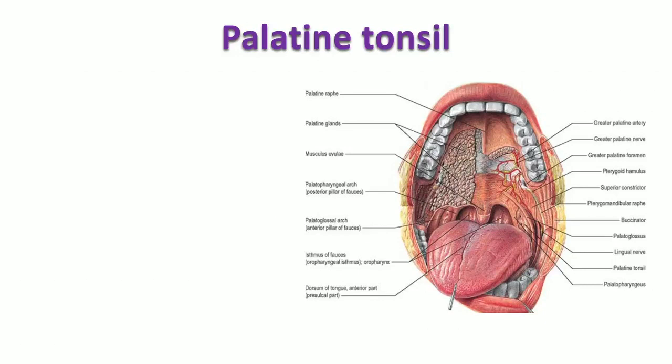Now, on the lateral wall of this oropharynx, you see an aggregation of lymphoid tissue, which is called the palatine tonsils. The palatine tonsils in common man's term are referred to as the tonsils. Basically, the term tonsil is an aggregation of lymphoid tissue which is covered by the mucous membrane.